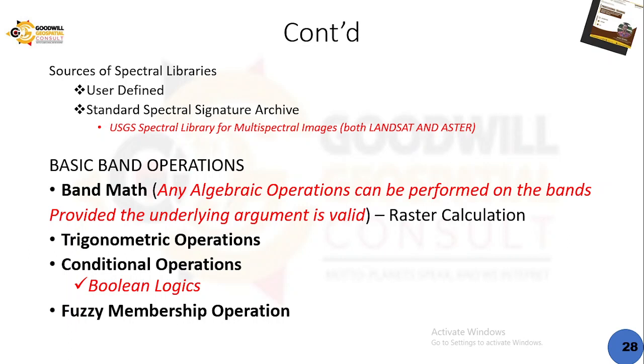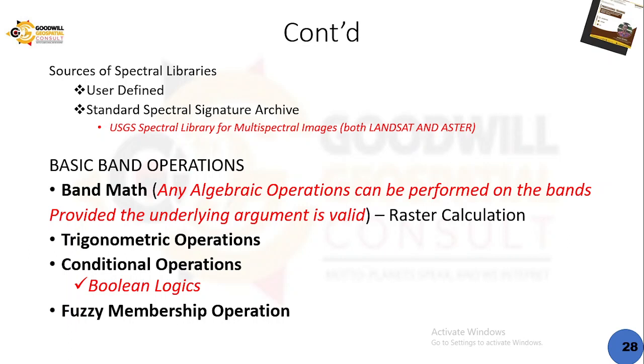You can do any form of operation with bands. You can divide bands, multiply bands, subtract bands, add bands, exponent bands, log bands. You can do them all at once, provided the underlying argument is right: there are no zero values.